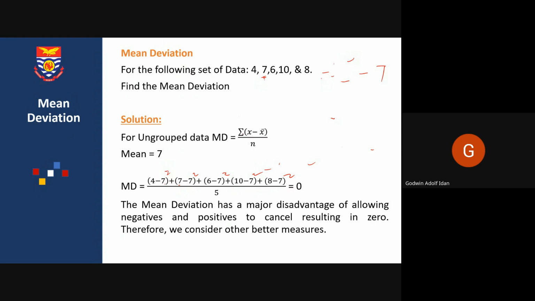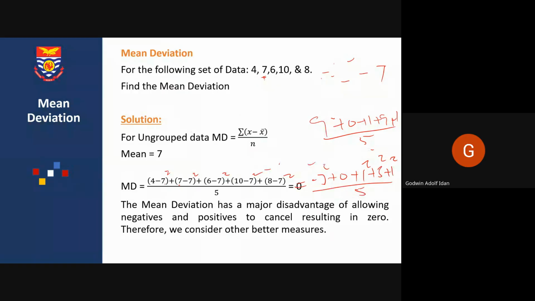So in this case, we're going to have negative 3 square plus 0 square plus 1 square plus 3 square plus 1 square over 5. And then it's going to be 9 plus 0 plus 1 plus 9 plus 1 over 5. So the answer will be 4.